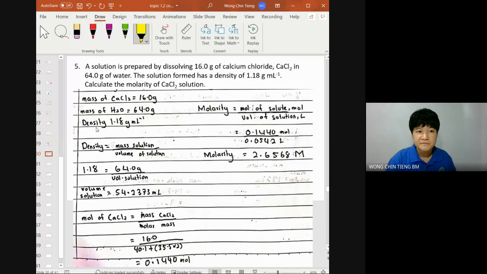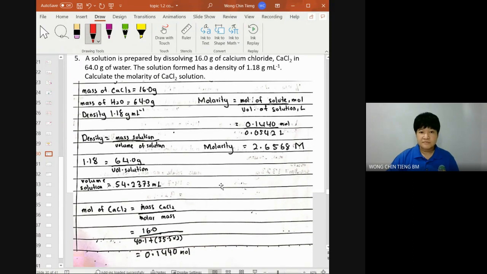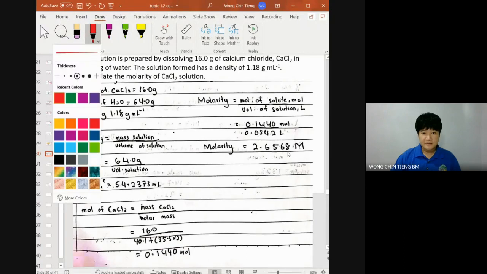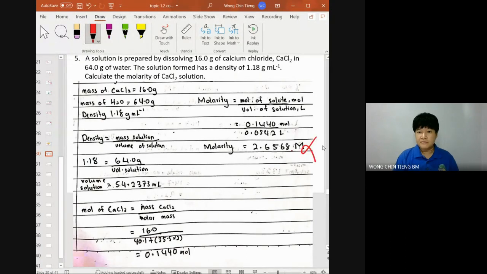Alright. 5. Soalan ni sama. Saya nak kamu cari apa yang tinggal, apa yang salah. Syuhada? Jawapan salah. Yang saya pilih setakat ni sekarang, jawapan salah. This is wrong.